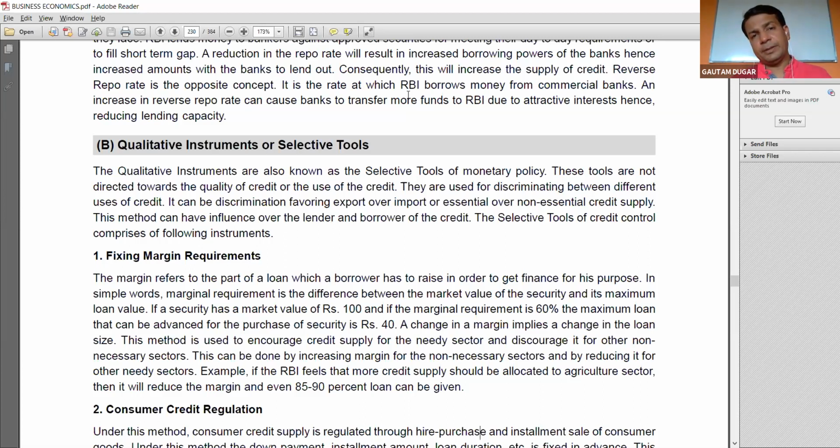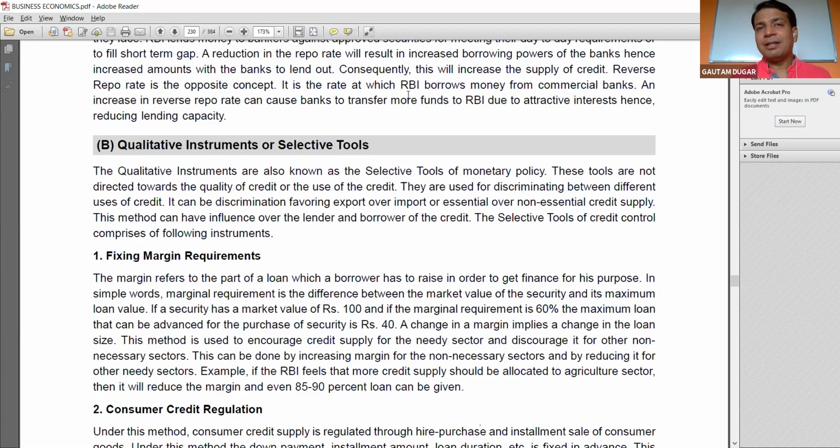That means if the margin requirement is reduced from 40% to 20%, what will happen? Now you will have to pay out of your own pocket only 10 lakhs, 20% of 50 lakhs. The remaining 40 lakhs will be financed by the commercial bank.